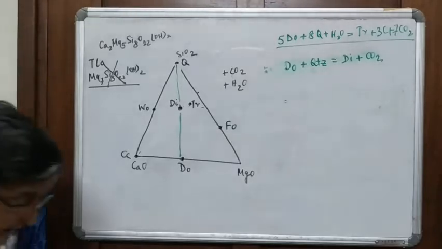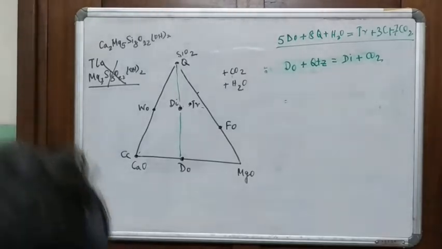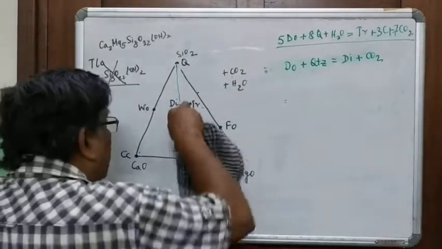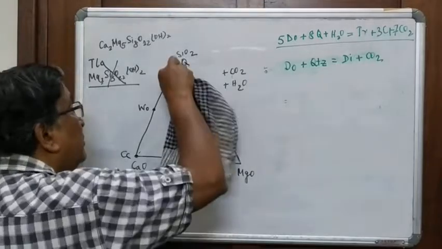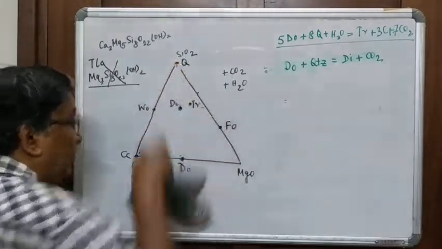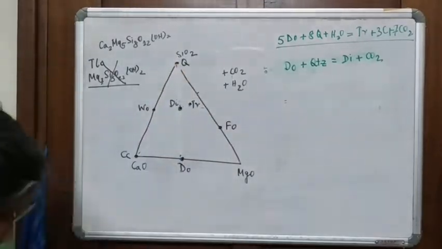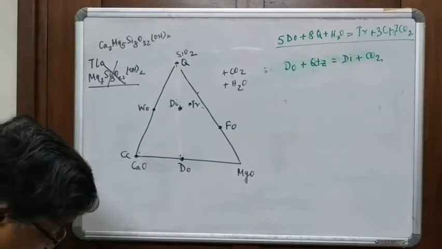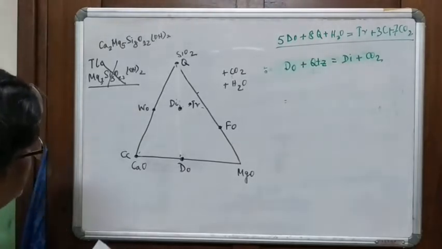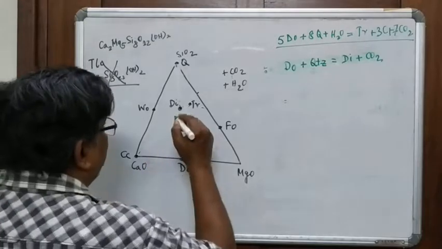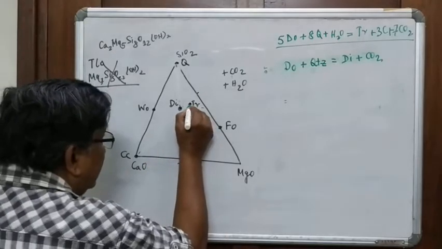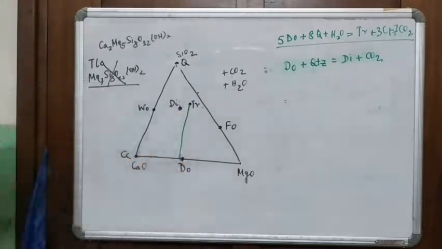Now let me write another reaction. I will just erase this green line because I have to. Let me take another reaction. Okay, tremolite plus dolomite. So here, tremolite plus dolomite gives you forsterite plus calcite.